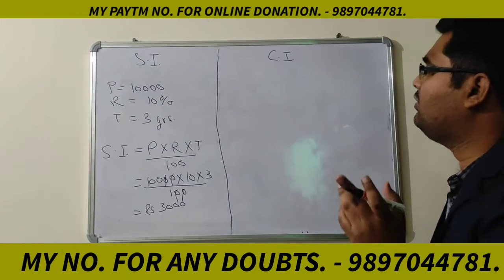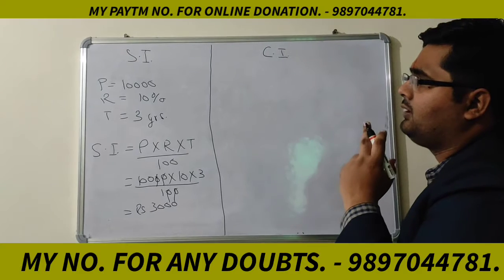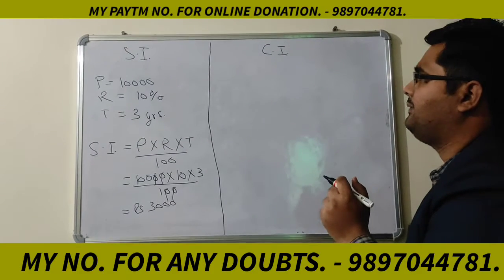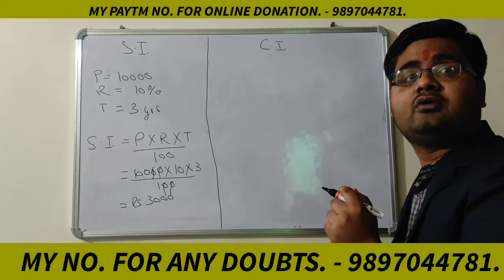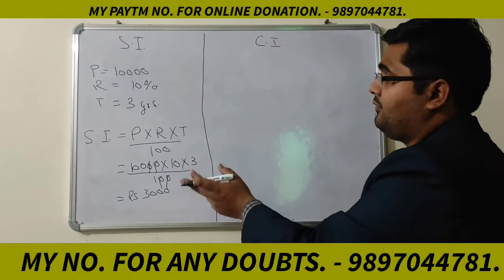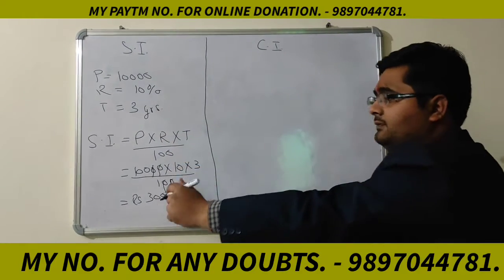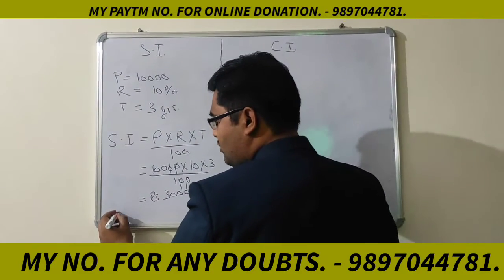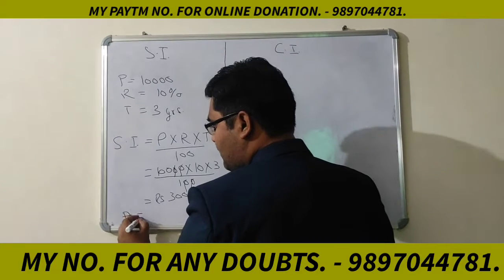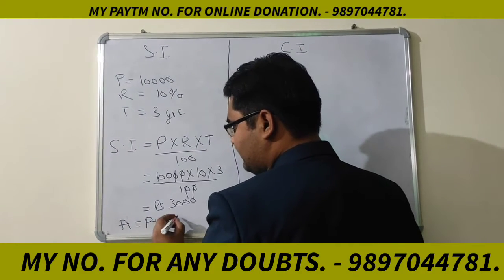Now, if we calculate the CI on the same principal at the same rate for the same time, first we have to calculate the amount. Here we were simply calculating SI, and that formula of SI is this. For calculating the amount in this case, amount equals principal plus SI.